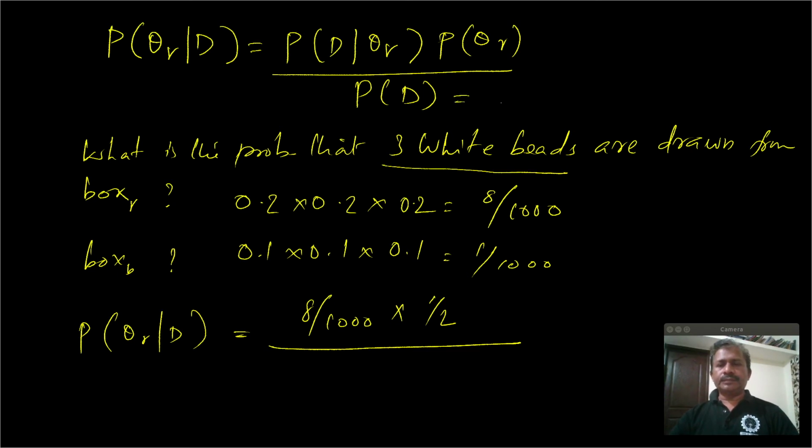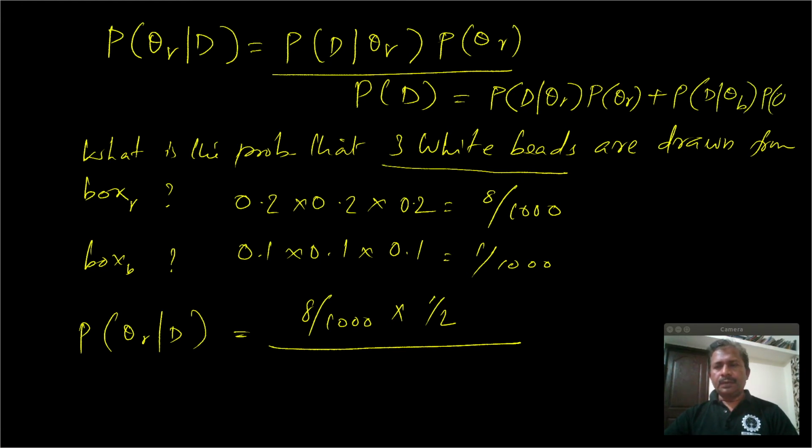This will be the probability of D given theta R, multiplied by P of theta R, plus the probability of data given theta B multiplied by the probability of theta B. So basically this is the sum over all possible values of theta, right?